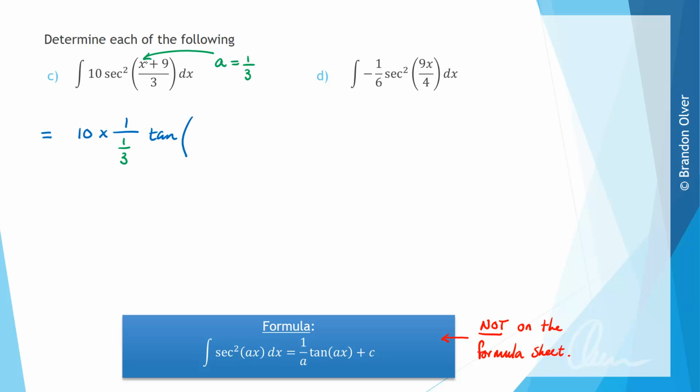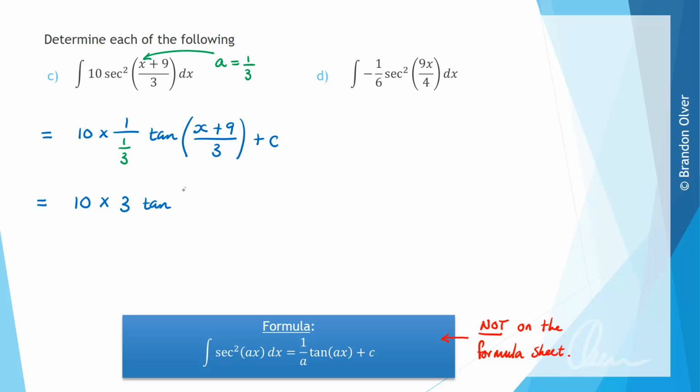And any linear expression that's inside this function, when we integrate, this rule still applies. So as long as the x plus 9 over 3 is linear, which it is, we still just have x plus 9 over 3 inside the tangent function plus c. And then simplifying this, this is the same as 10 times, and 1 divided by 1/3 is 3.